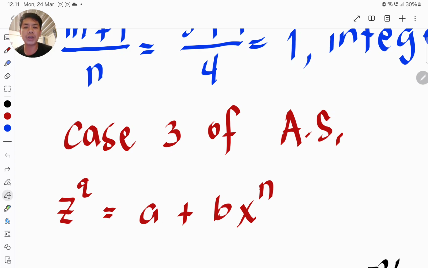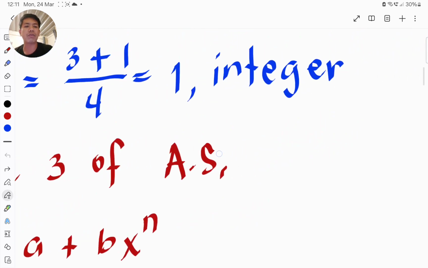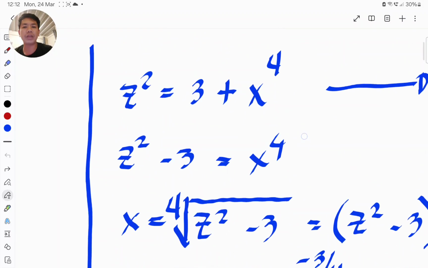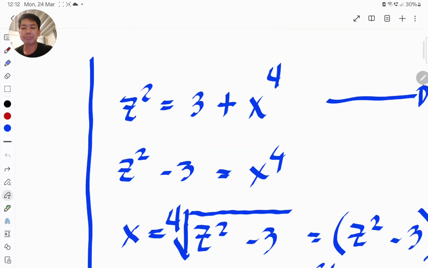We know the value of q a while back, that is 2, and our n is 4. So using that equation, we now have z squared, since our q is 2, which is equal to 3 plus x raised to 4.